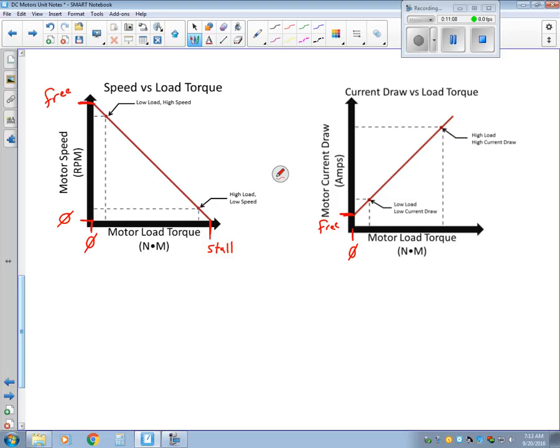And as the load is getting higher and higher on the motor, let's say this point right here, where I would have my stall torque, I would have my stall current. Notice that this graph does have a y-intercept. And that y-intercept would be the value of the free current. Alright, that concludes video 1.